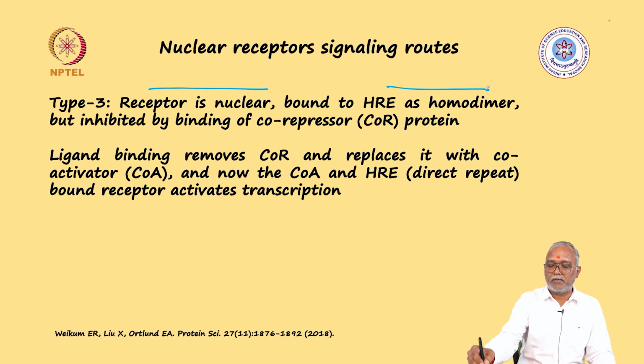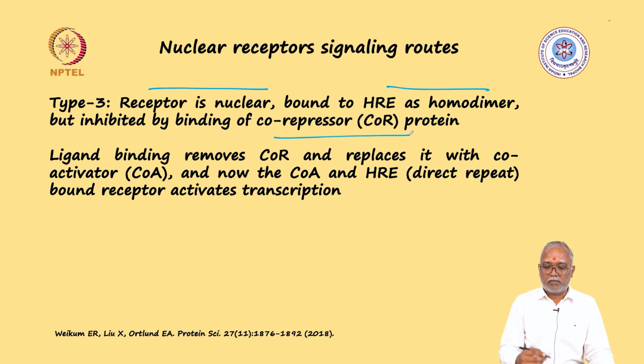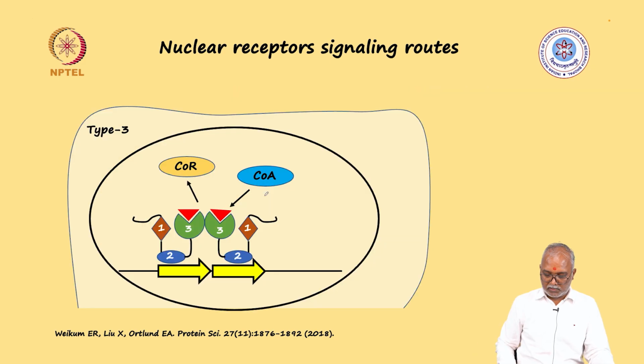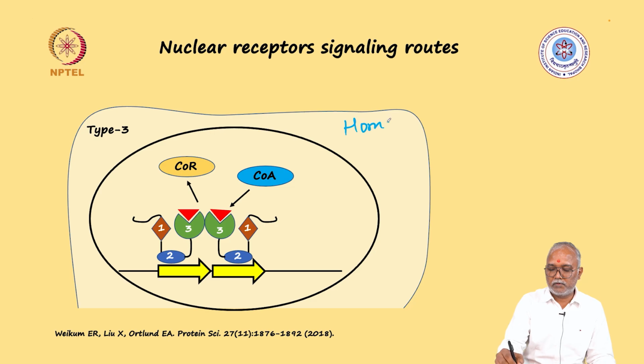The type 3 receptors are also present in the nucleus as a dimer, but as a homodimer. Everything else remains the same: they are bound to the co-repressor and inactivated. Ligand binding removes the co-repressor and puts the co-activator there. Again the HRE element is a direct repeat, which activates the transcription. So in type 3 nuclear receptor, it is a homodimeric situation.